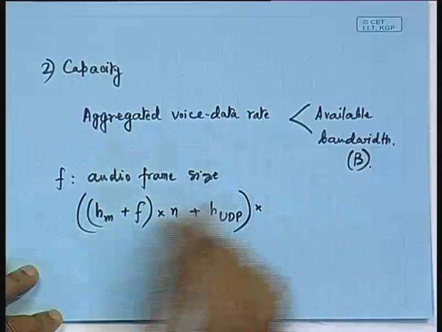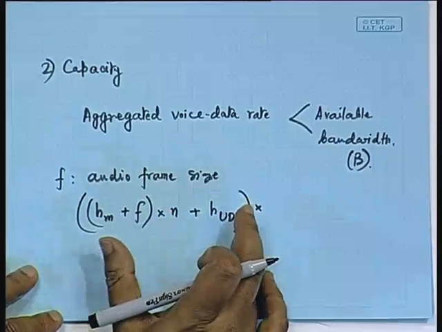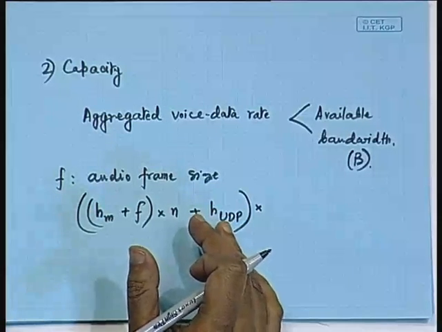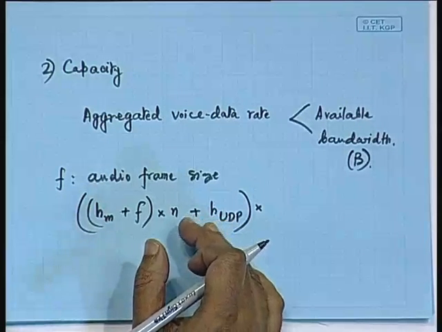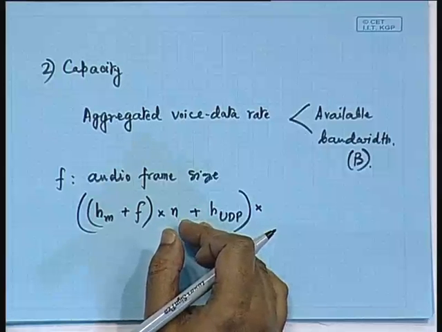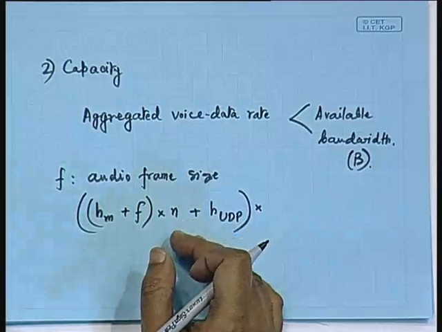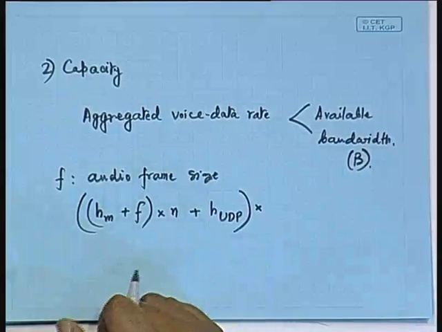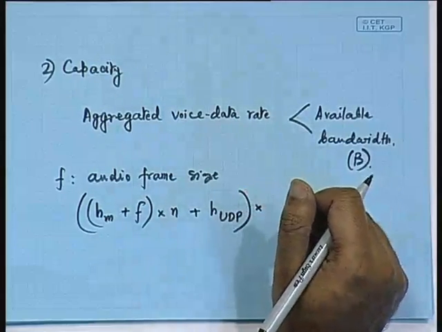that we will be having for N multiplexed streams. And this is the payload size in bytes, but we now have to convert this into the bandwidth. Bandwidth is measured in bits per second, so in order to do that we have to multiply this by the data rate.